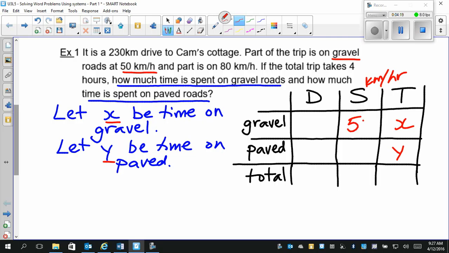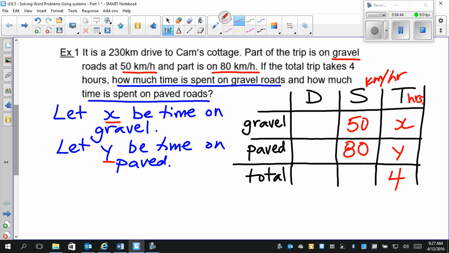Part of the trip is on gravel roads and part is on 80. So the 80 kilometers per hour is the speed on the regular paved road. The total trip takes 4 hours, so our time's in hours here, the total amount of time is 4.